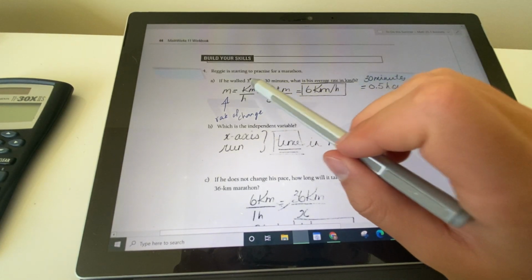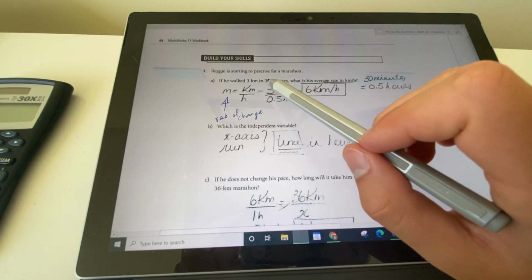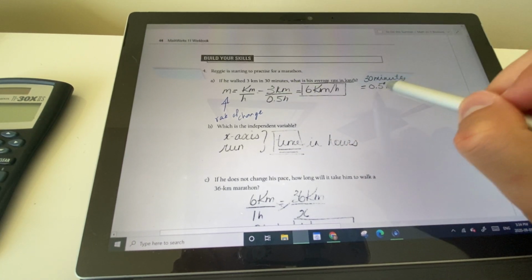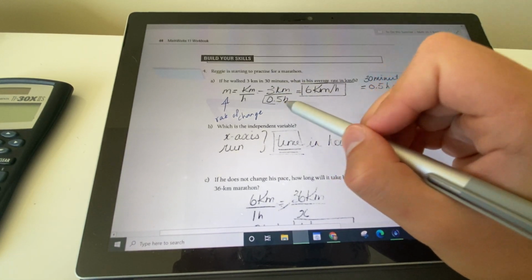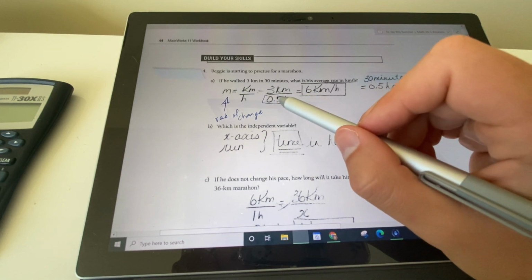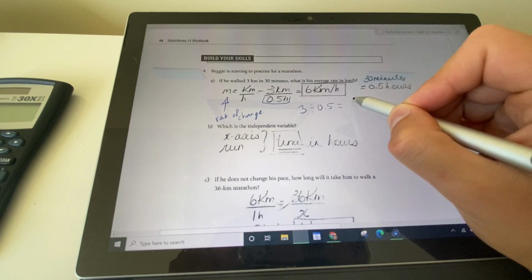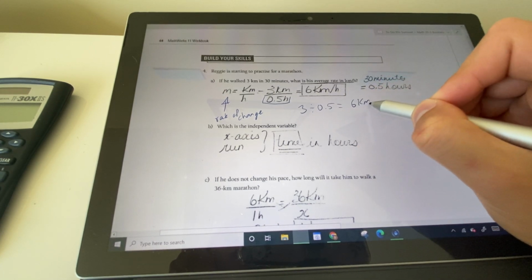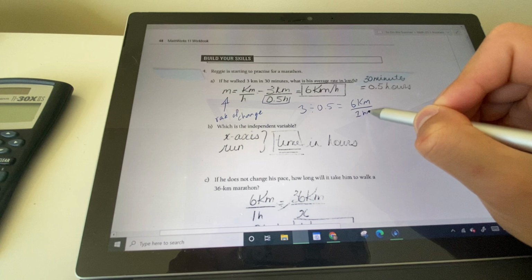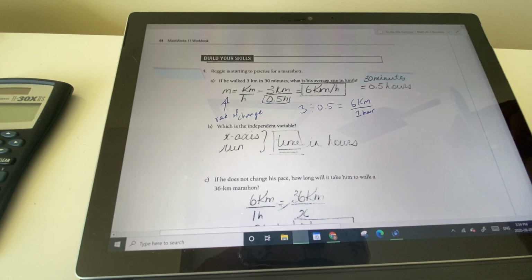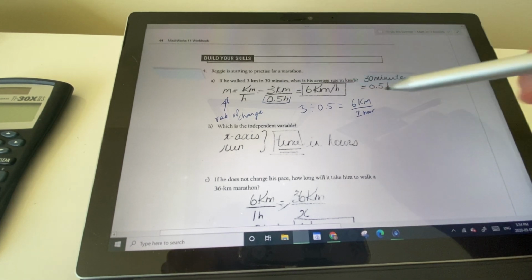Kilometers per hour, well, he does 3 kilometers in 30 minutes, which is 0.5 of an hour. So he does 3 kilometers in 0.5 of an hour. 3 divided by 0.5 equals 6. So that means that's actually 6 kilometers per 1 hour. Okay, 6 kilometers per 1 hour. So that's where they get that from.